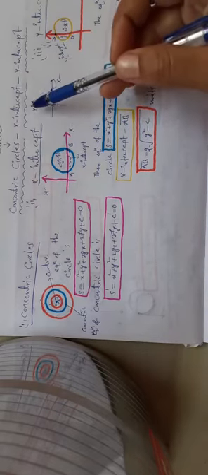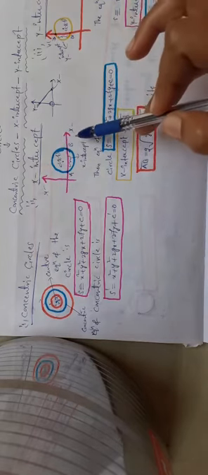The second point, x intercept. You know what interception is? A line that intercepts on the x axis gives the x intercept. If it intercepts on the y axis, it is called the y intercept.